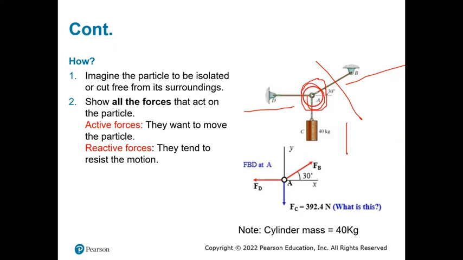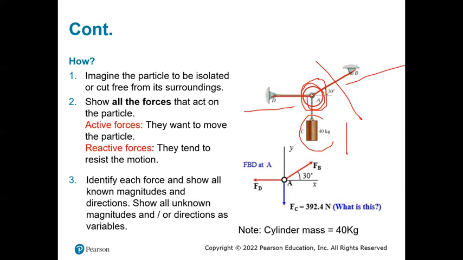So in this case, the 40 kilograms is pulling the particle down. Then you identify the reactive forces, that's going to resist. We have this cable. Then we're going to show all the unknown magnitude and direction. So let's look into the figure.